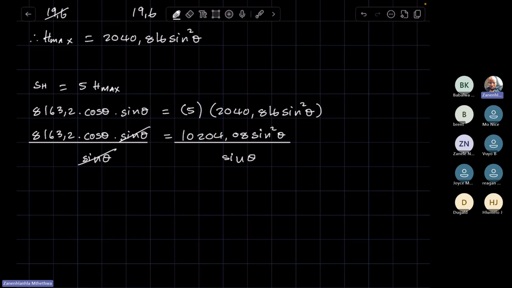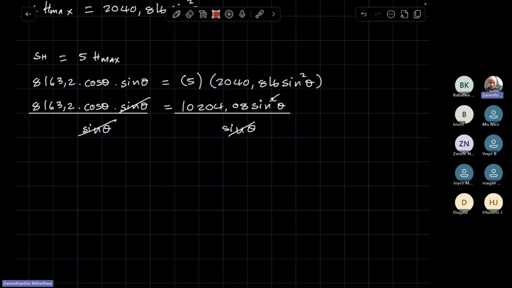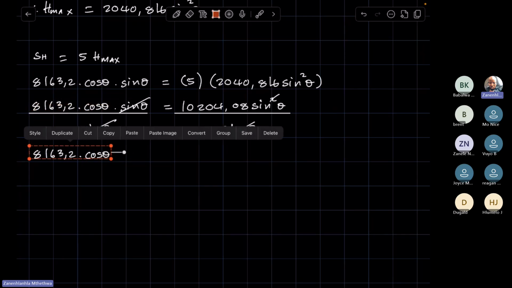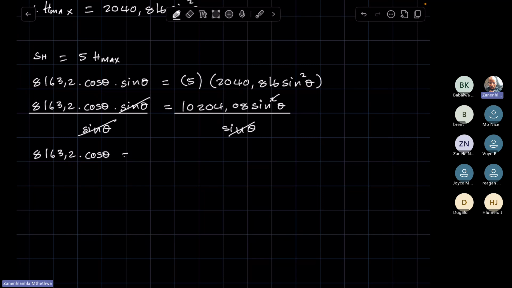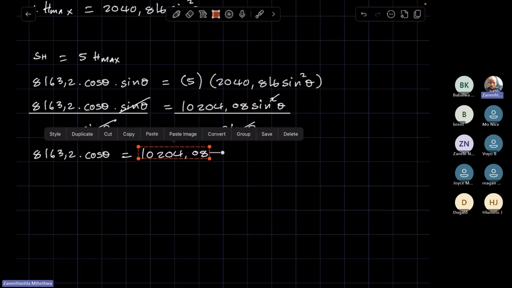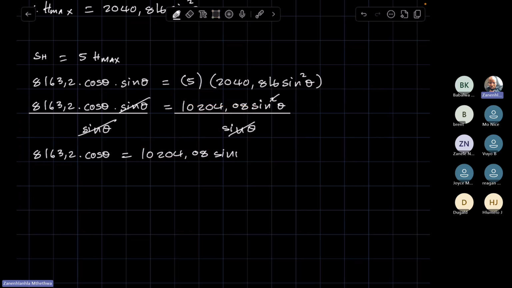So obviously that falls away, and then this cancels with one of those. And then you'll be left with this on the left hand side is equal to this sine theta.